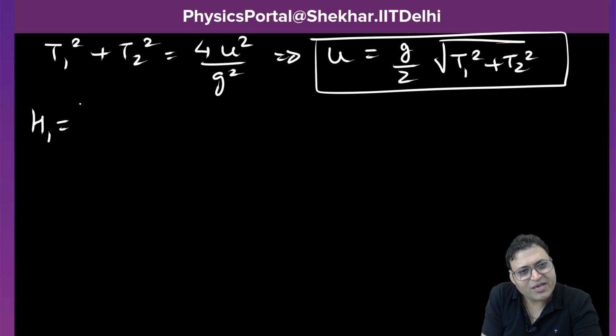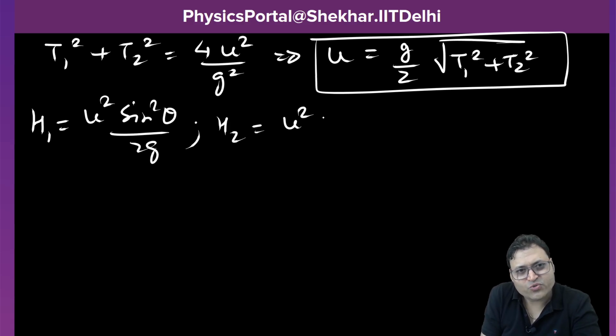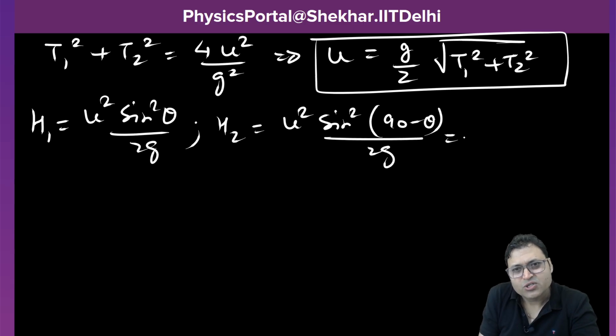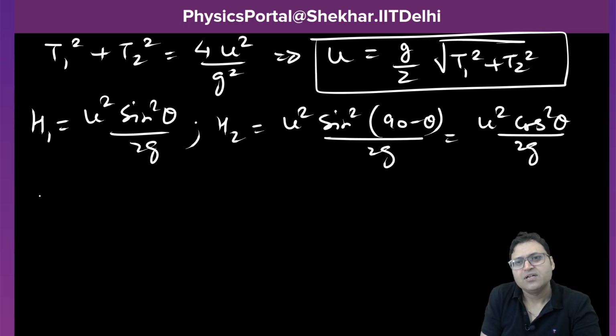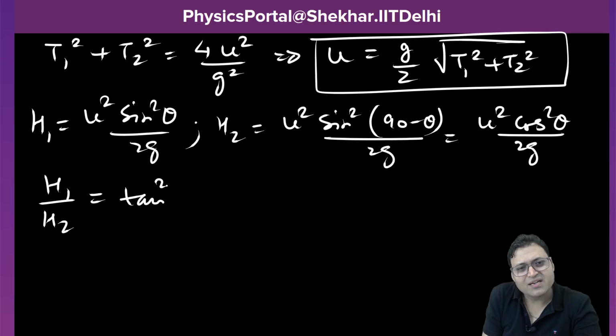Similarly, H1 will be equal to u square sin square theta by 2g, and H2 will be u square sin square 90 minus theta by 2g. So it will be u square cos square theta by 2g. If we divide H1 by H2, it will be tan square theta.